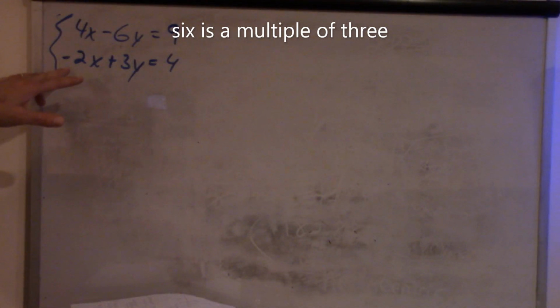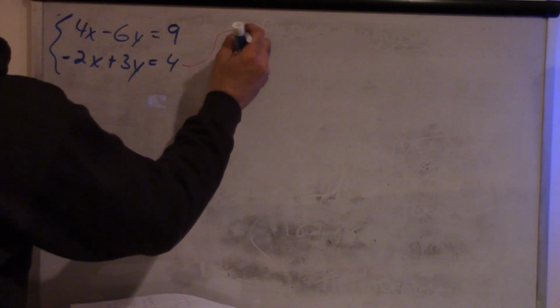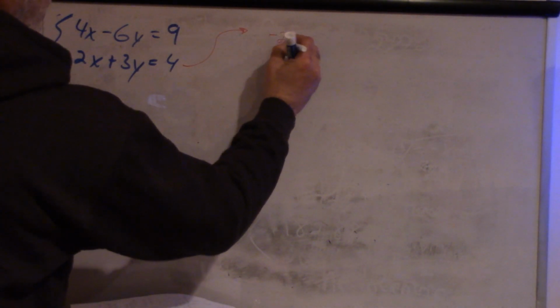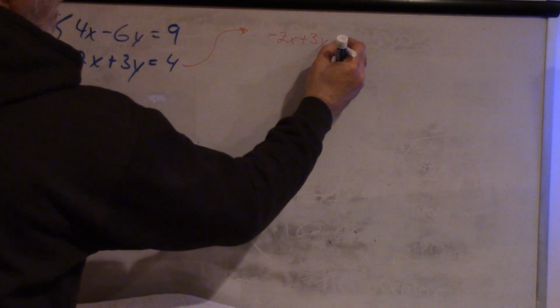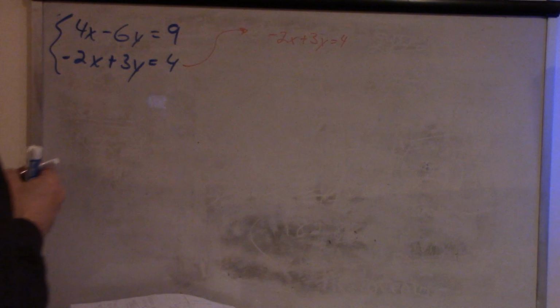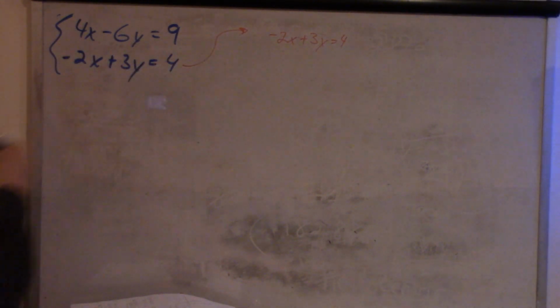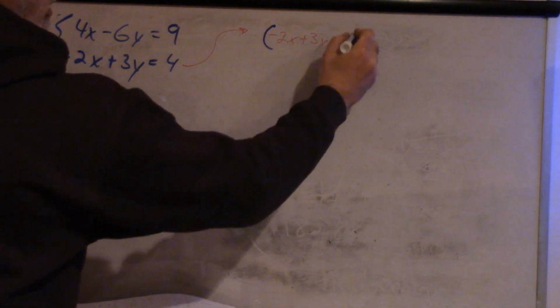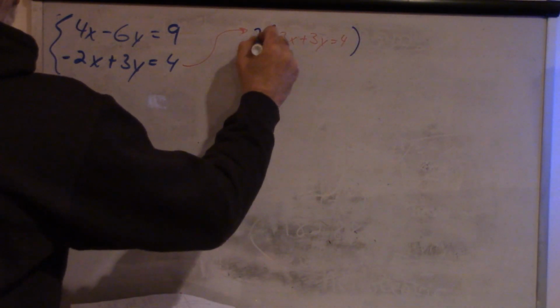We're going to multiply this out. So pay attention. I'm going to take this equation up here, and we'll write it. Negative 2x plus 3y equals 4. And what am I going to do to it to make this a negative 4? Put the whole thing in parentheses, and we're just going to multiply by 2.